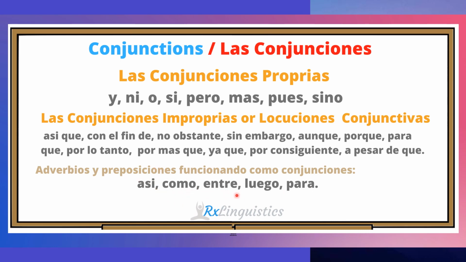Así, como, entre, luego, para are examples of such adverbs or prepositions which can be used as conjunctions as well.